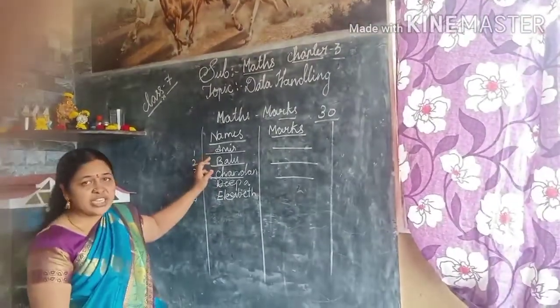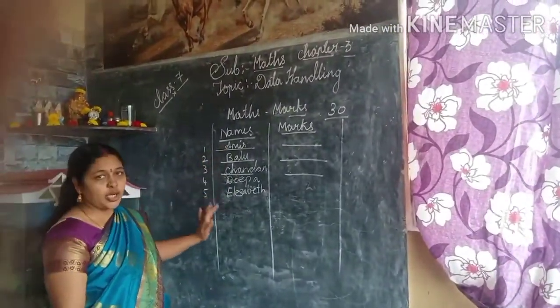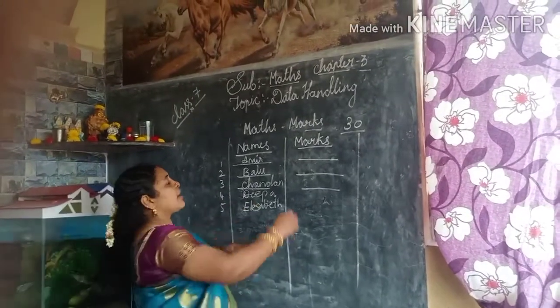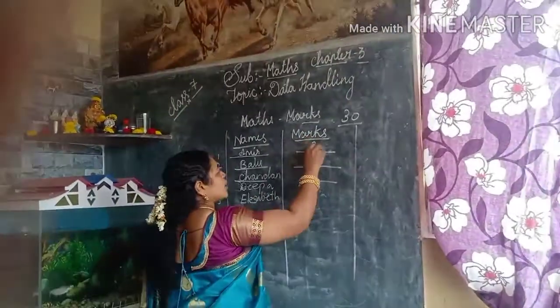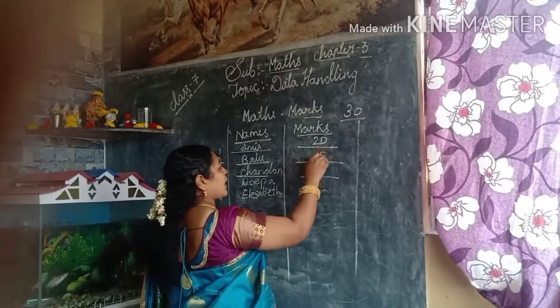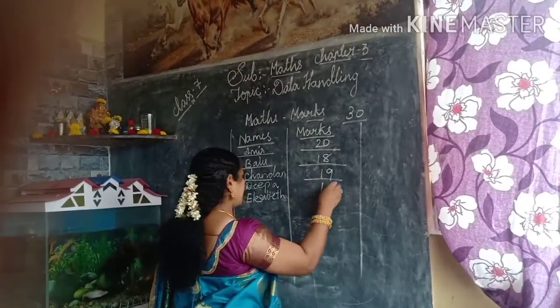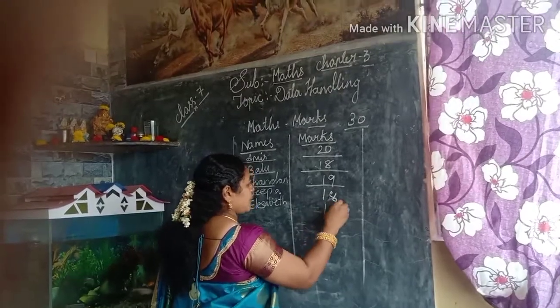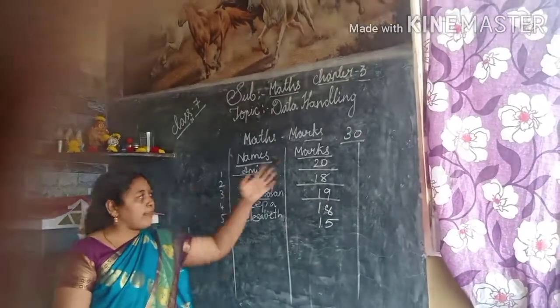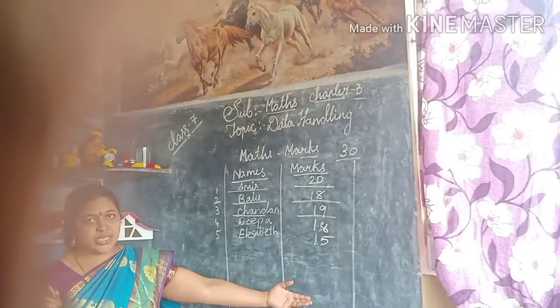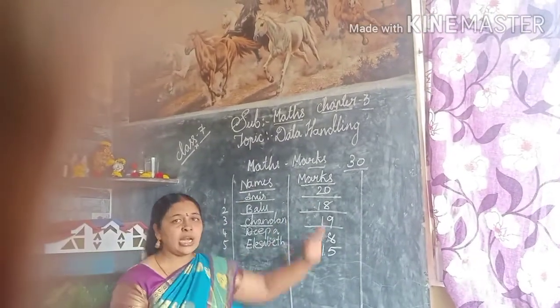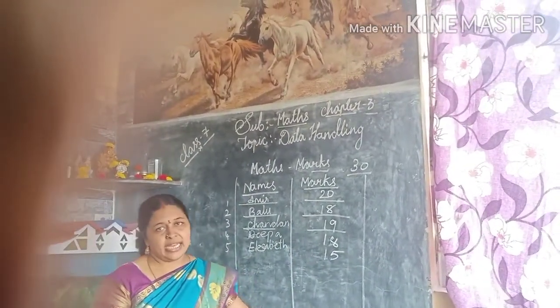Usually when a teacher writes, they write in alphabetical order only, isn't it? So if we take marks as 20, 18, 19, 18 again and 15, we will get the marks also. So this is how the teacher will organize the data.